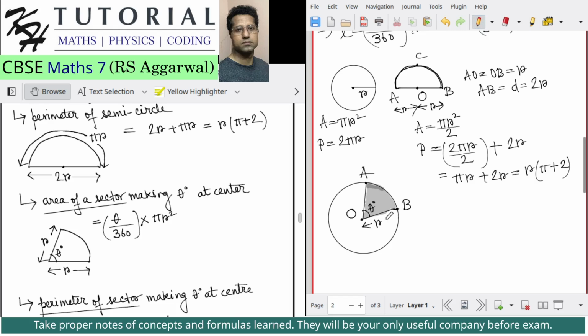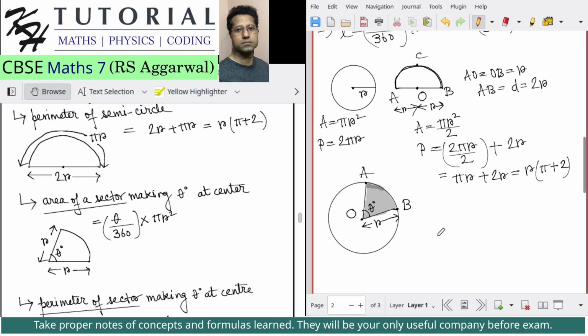The circle has a radius r, and the sector is making an angle theta degree at the center. So this shaded region is a sector of the circle. So what are the parameters that define a sector? It is nothing but an arc that makes an angle theta degree at the center of the circle and the radius of the circle. So for this shaded region, what will be its area and what will be its perimeter?